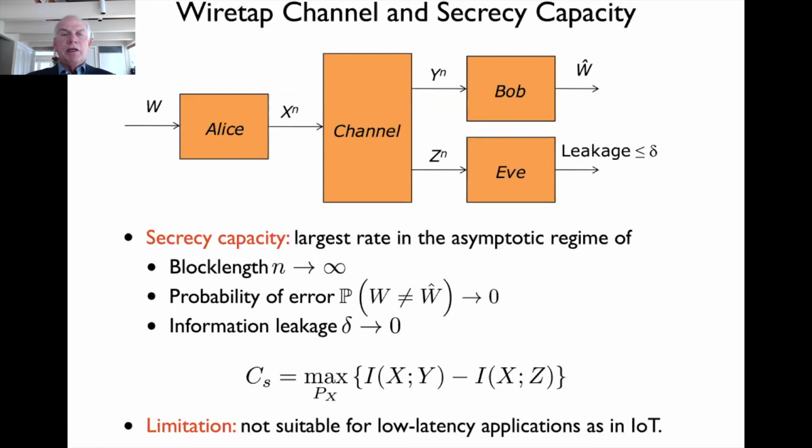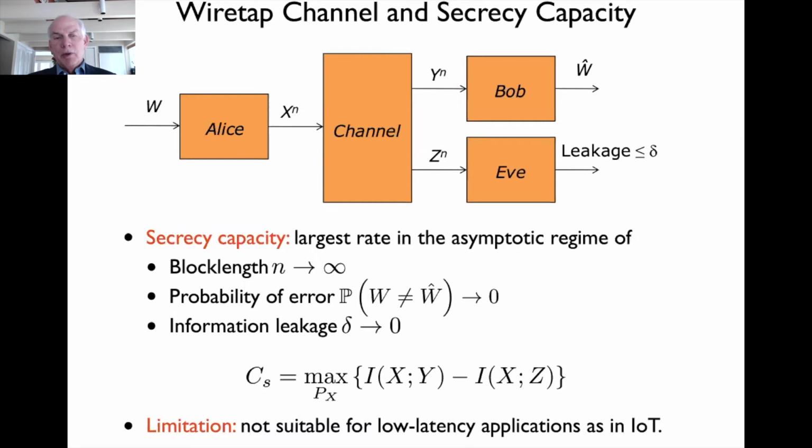So then Bob and Eve each have an n-long sequence of measurements, and they'd like to reconstruct Alice's message W. Bob gets an estimate of W. Eve would like to estimate W, but we're going to put an upper bound, which we'll call delta, on the information leakage between W and the best that Eve can do. Then the secrecy capacity region, in this classical sense, is an asymptotic region.